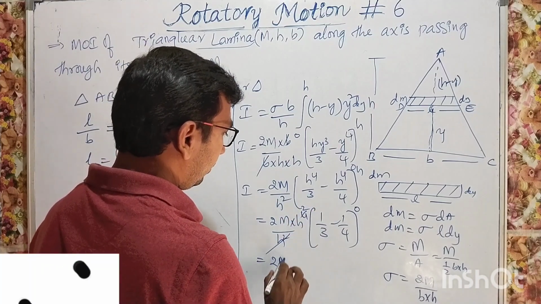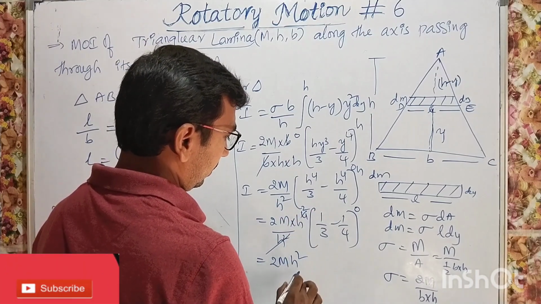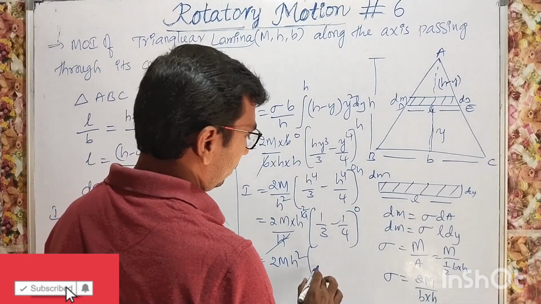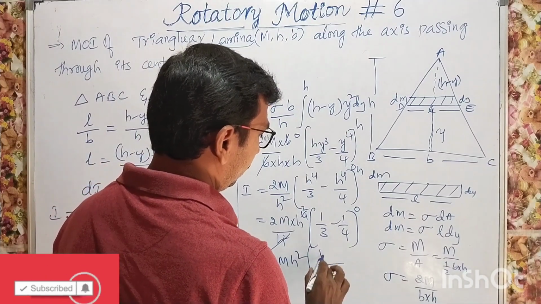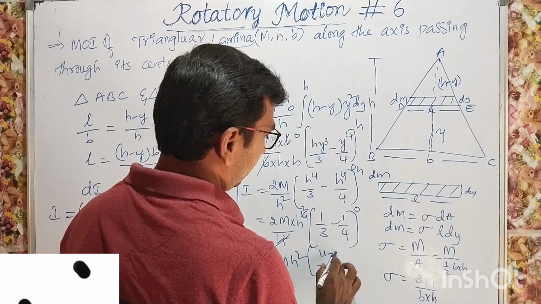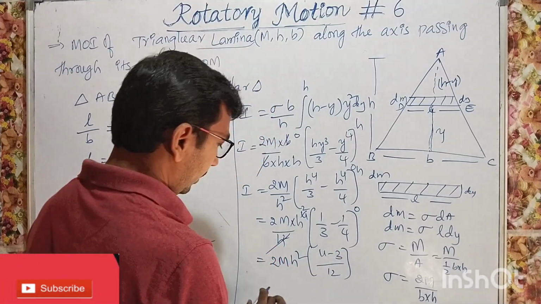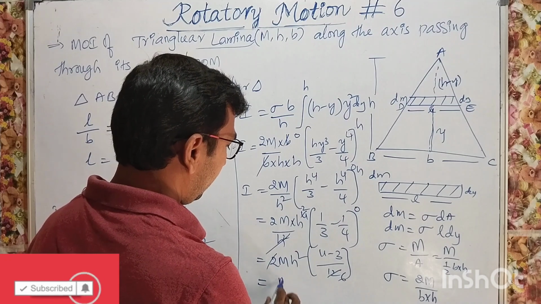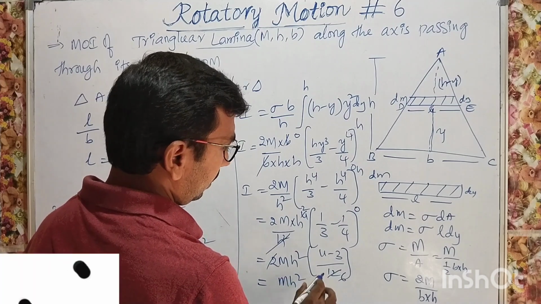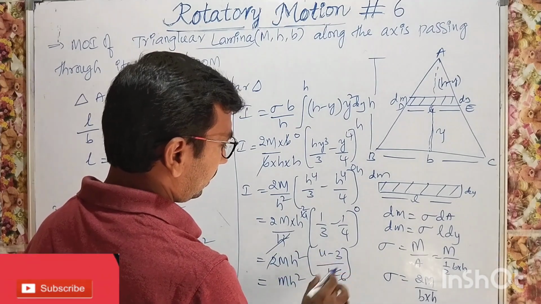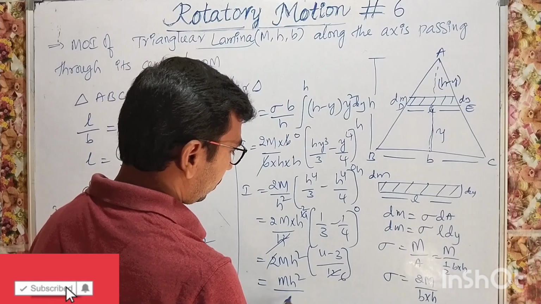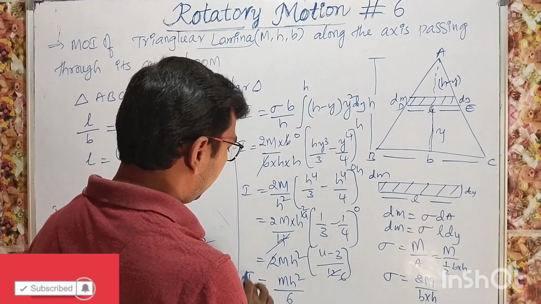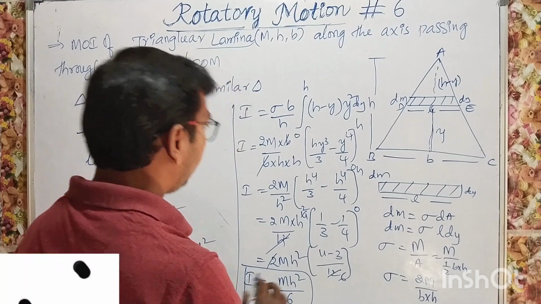So 2m h square, taking the LCM 12, 4 minus 3. 2 ones are 2, 2 sixes are 12, so m h square by 6. This is the moment of inertia of a triangular lamina.